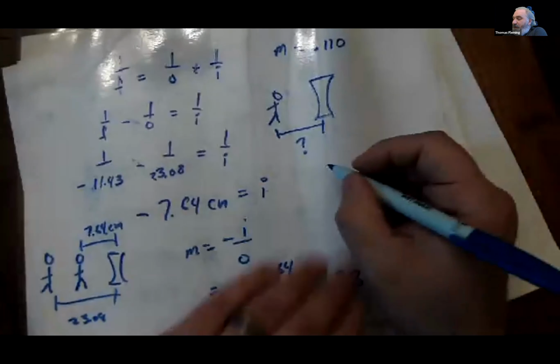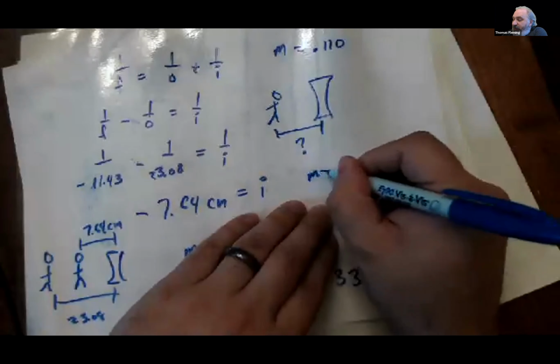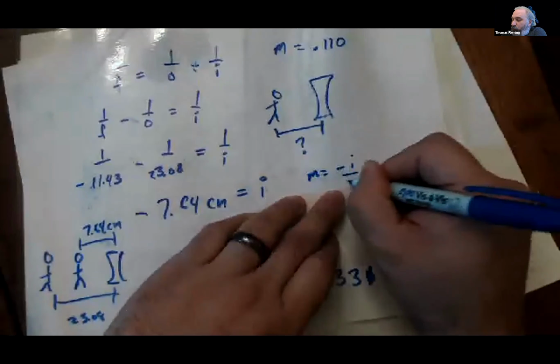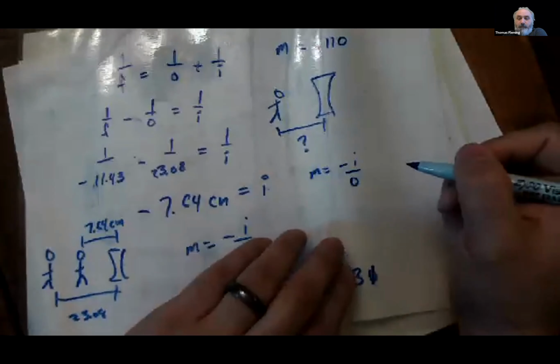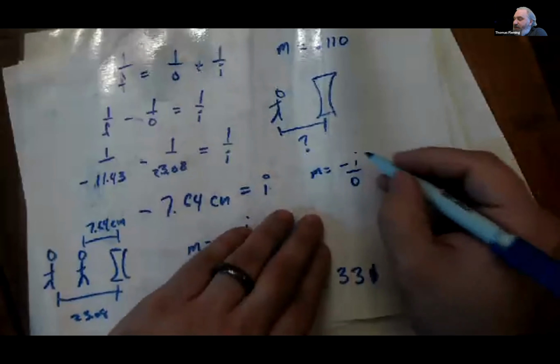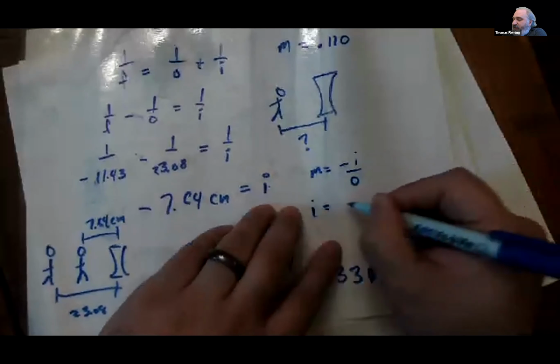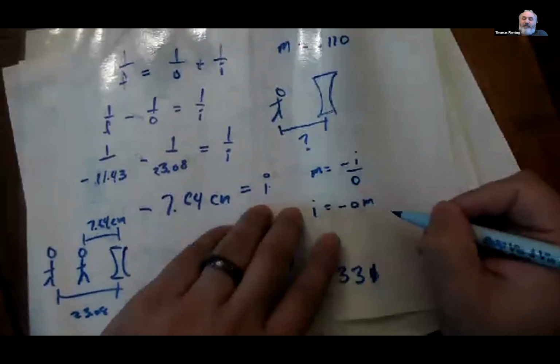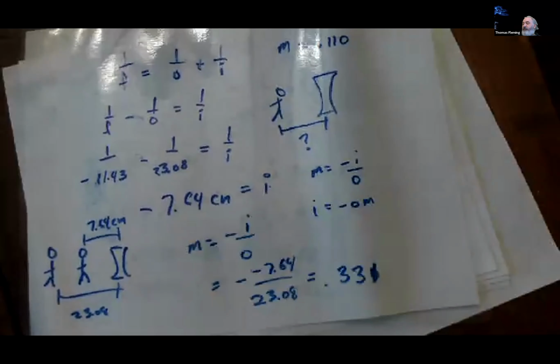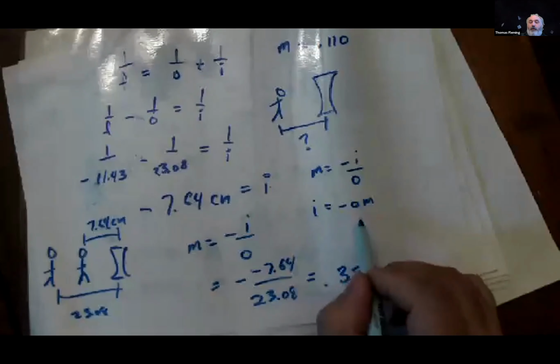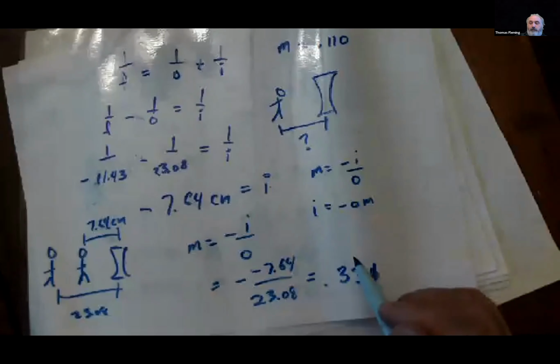However, I do know that my new magnification, M, has to equal negative I over O. If I rearrange that, I has to equal negative O times M. I just solve for I in terms of O. Does that make sense? Mm-hmm.